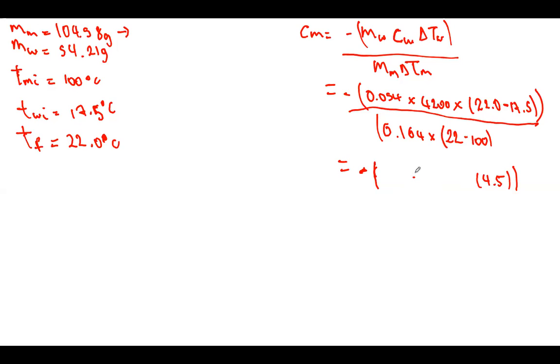Yes, I get the same thing as well. Times 4.5. And then let's find 22 minus 100. So negative 78. And this will be times 0.104.